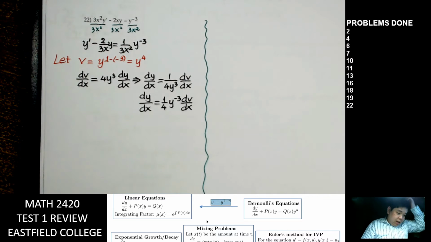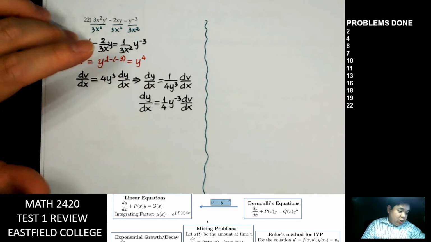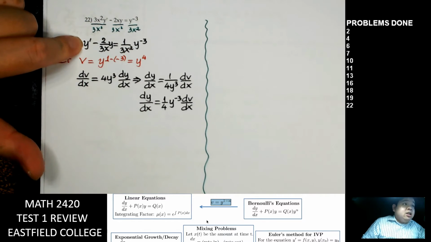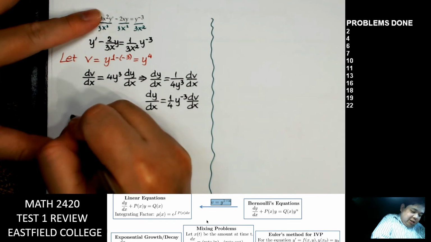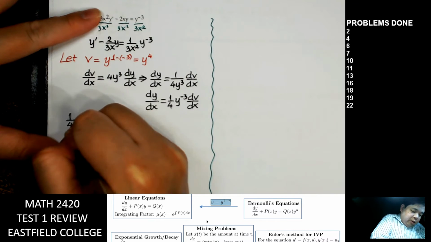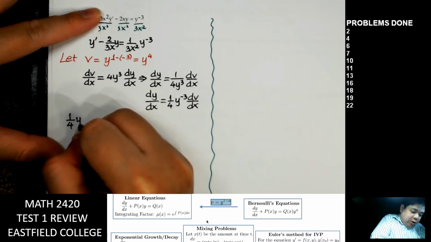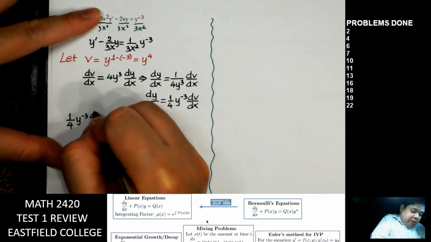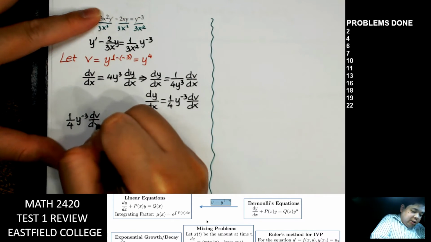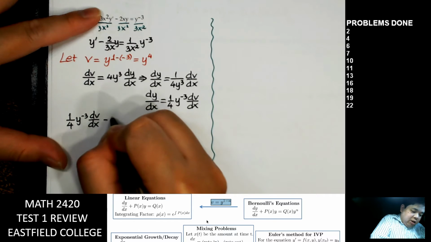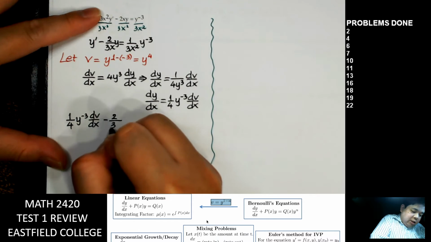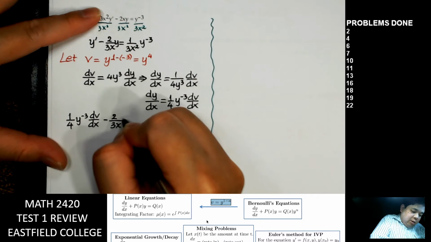Right. Now let's substitute that back into the derivative. See what happened. 1/4 y to the negative 3 dv over dx minus 2 over 3x times y.